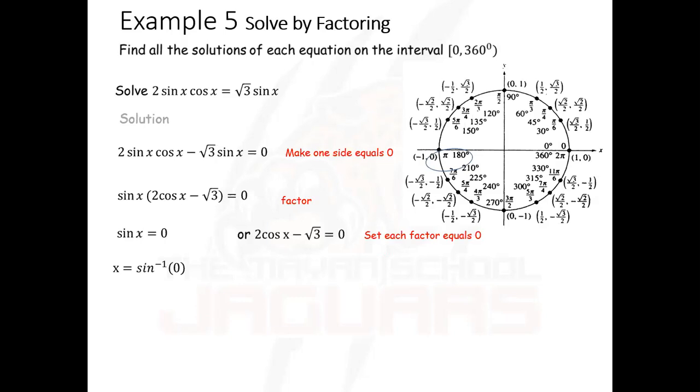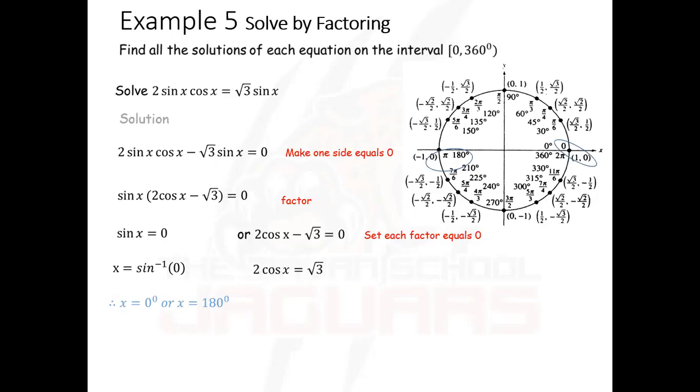We also have another pair whose y coordinate is 0, and the angle associated with it is 0 radians, or 0 degrees in this case, because the question asks us to give the answers in degrees. Therefore, x equals 0 degrees or x equals 180 degrees.